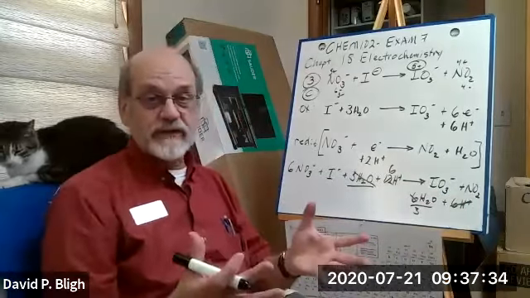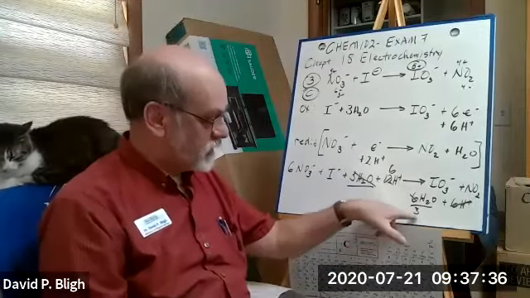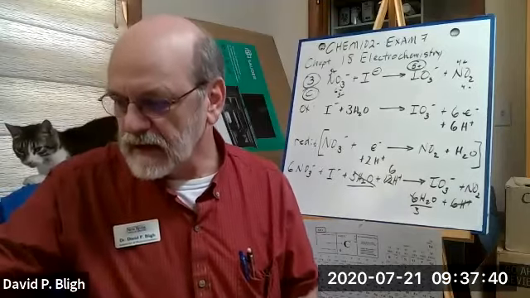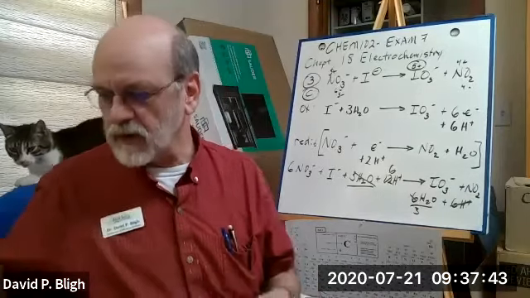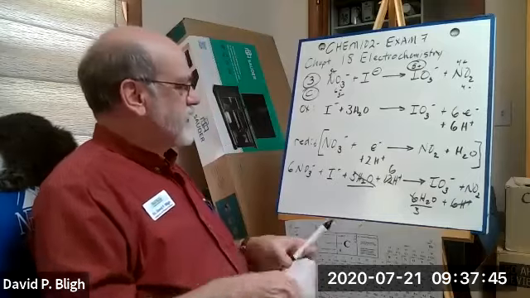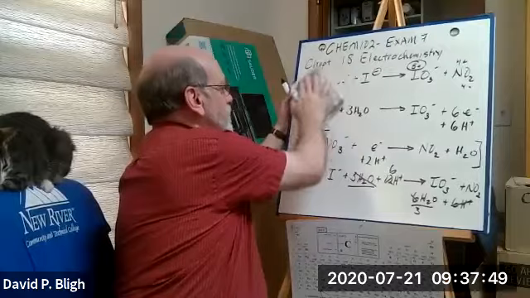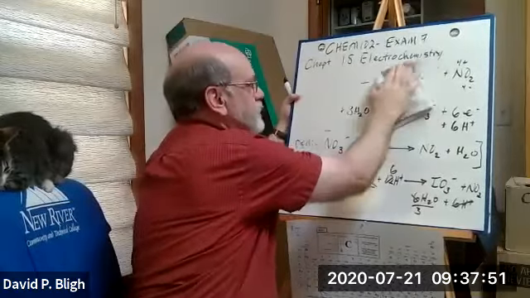So that would be the balanced equation, and the answer to the question, though, is that number 3. I check them off as I go so I don't backtrack. So that was acid solution. Number 4 is a problem in basic solution.